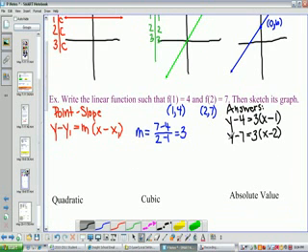I'm actually going to do slope-intercept with this last one, so I'm going to switch colors here. So if I distribute the 3, don't forget to distribute to both of those, and then add 7 to both sides. So this one is in slope-intercept form.